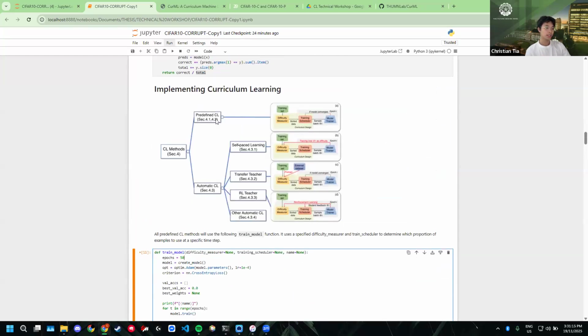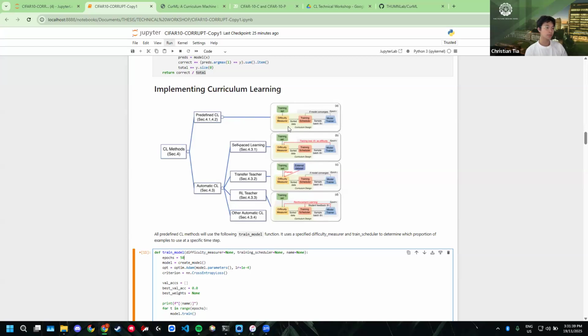So predefined curriculum learning is when you as a researcher have some prior knowledge of the data set. Let's say you know that the data set consists of a lot of varying shapes. If there is a shape present that is highly unusual, like a non-convex polygon, then that would be considered difficult compared to a simple shape like a circle.